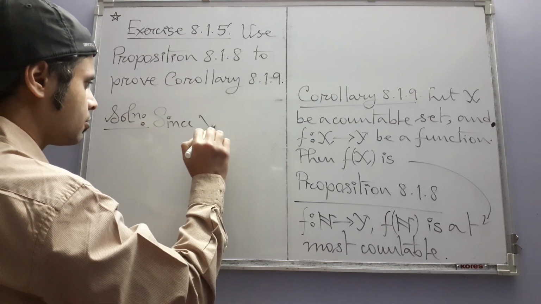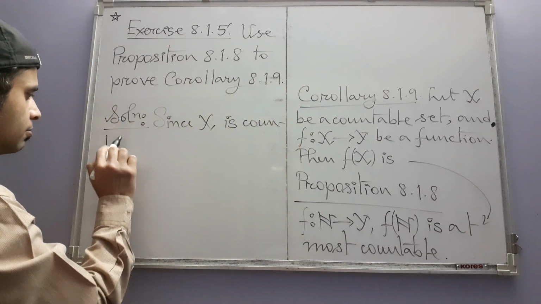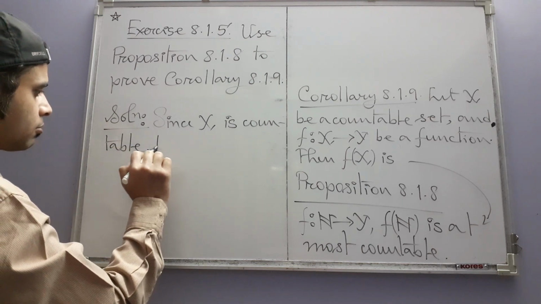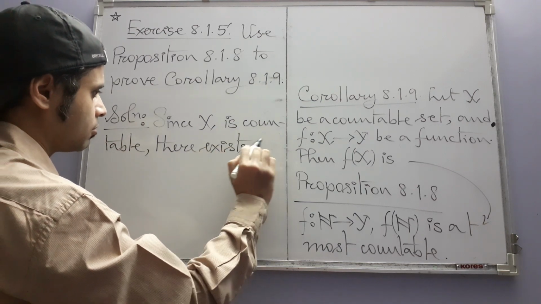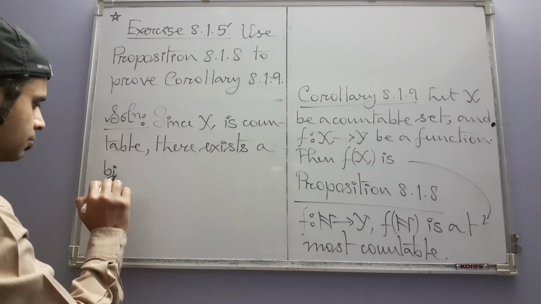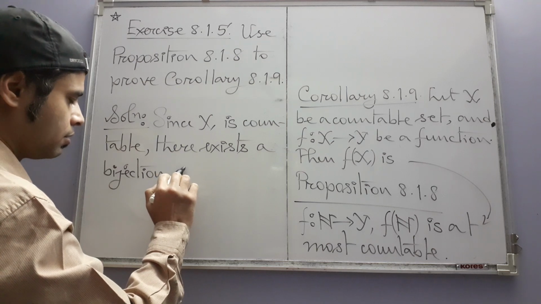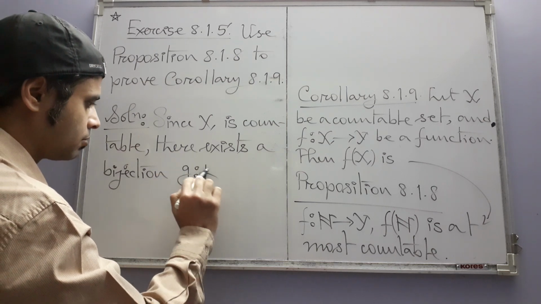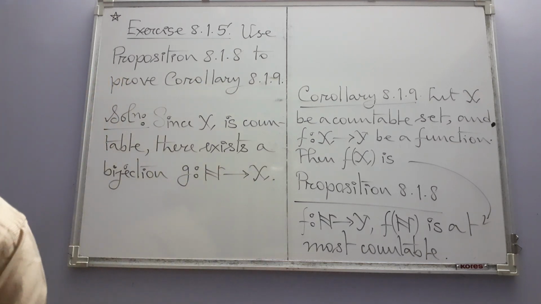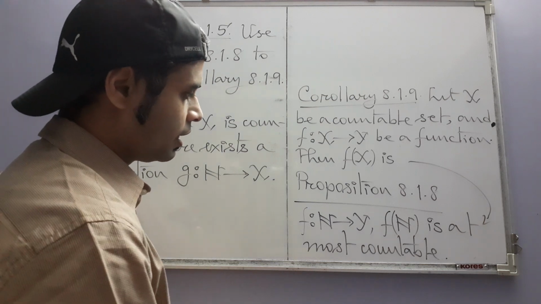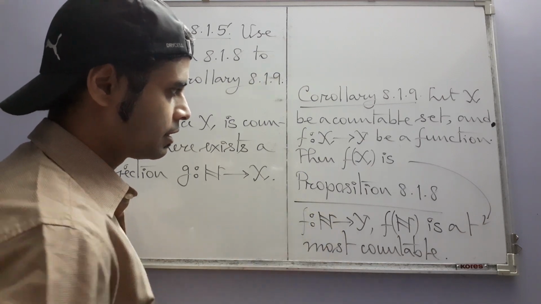Since X is countable, there exists a bijection g from N onto X. Now, in order to be able to use this proposition, we need a function whose domain is the set of natural numbers.